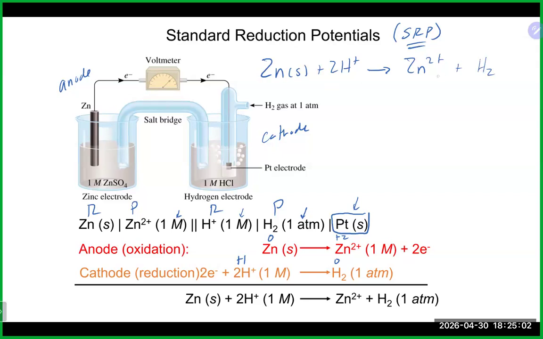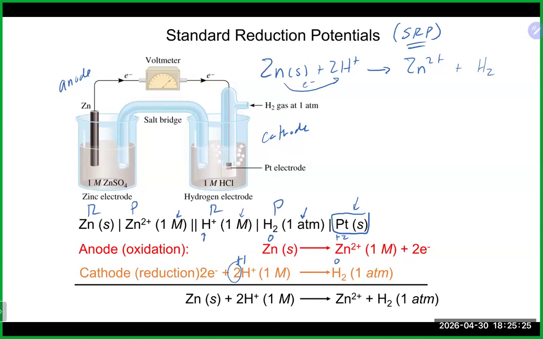And this is the overall reaction that is taking place. Obviously here we need to balance it out, so we do need 2 of these guys. And here we're going to have electrons being transferred from the zinc to our hydrogen, and again, reducing our hydrogen down to H2 in this particular case.